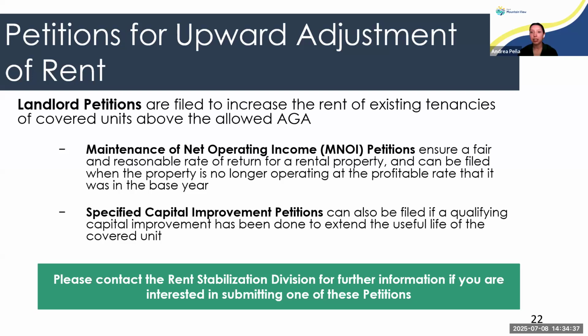So once the utility petition is all finalized, we help you calculate if the adjustment for this tenant, let's say tenant A, is an upward adjustment of rent or a downward adjustment of rent. If it's an upward adjustment of rent, meaning that the utility adjustment may be slightly higher than the average of what the tenant was already paying for utilities previously, then there has to be a 12-month period, just like a typical rent increase.